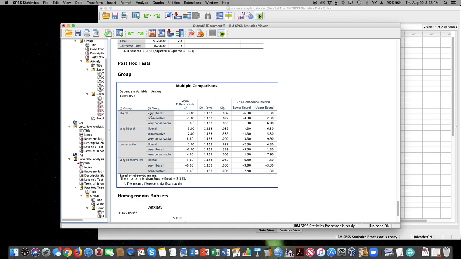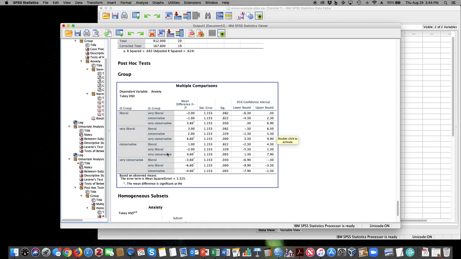And so I can see that looking at 0.05 as my level of significance, there's a difference between liberal and very conservative. There's a difference between very liberal and very conservative. There's a difference between conservative and very conservative.